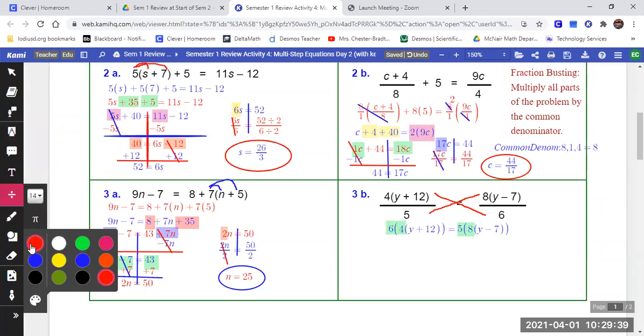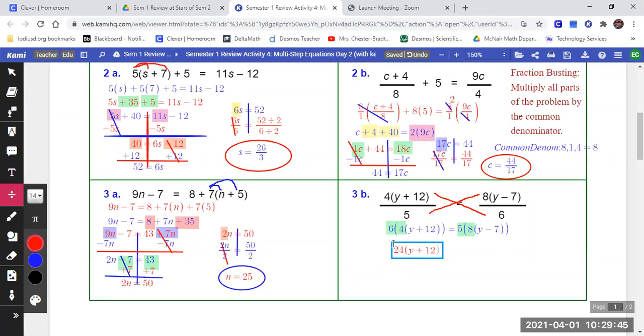So that means the left-hand side is going to say 24, parentheses, y plus 12. We're not doing anything about the parentheses. We're just cleaning up the outsides. And the other side is going to say 40, parentheses, y minus 7.